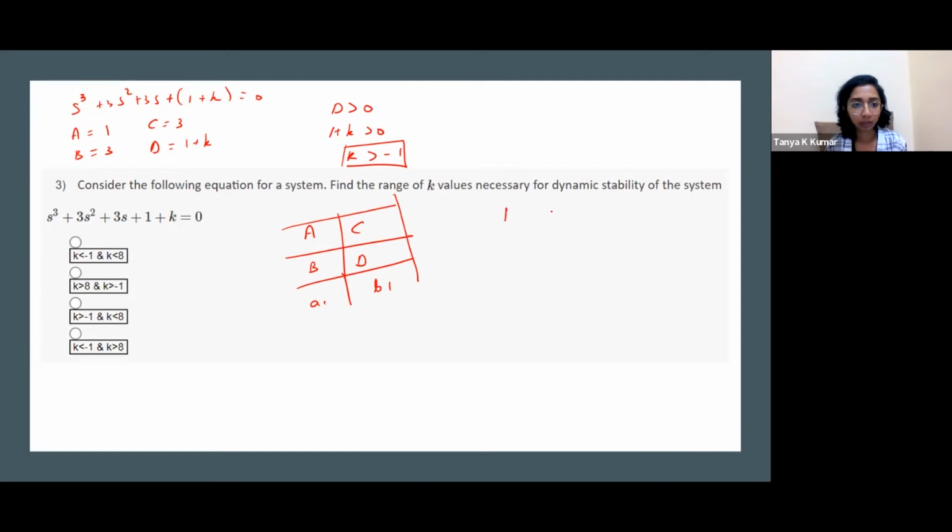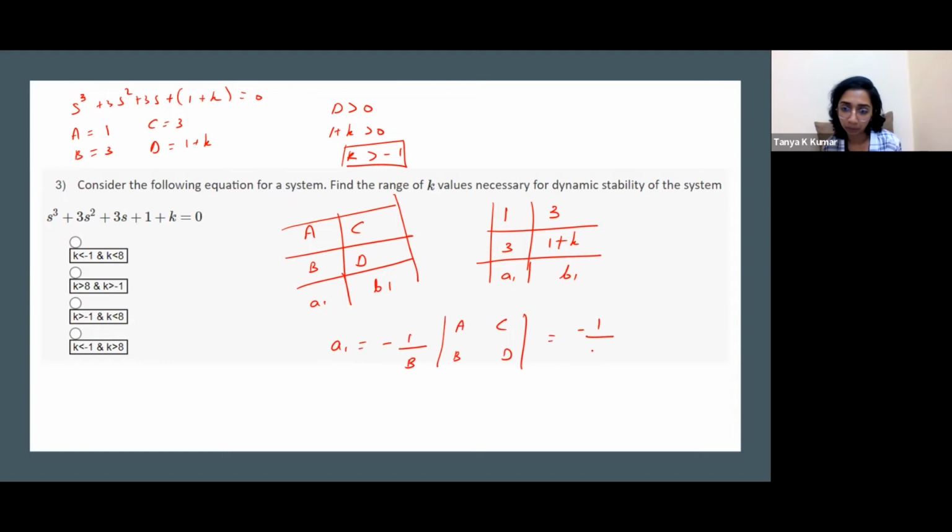It is 1, 3, 3, and 1 plus k. Here you have A1 and B1. What is A1? A1 is minus 1 by B into determinant of A, C, B, D. That is minus 1 by 3 times the determinant of 1, 3, 3, 1 plus k.